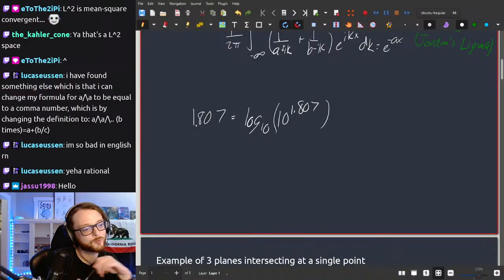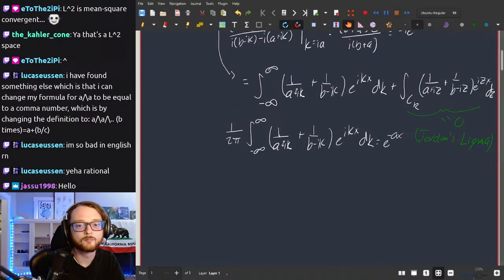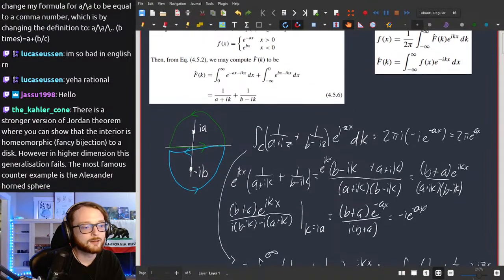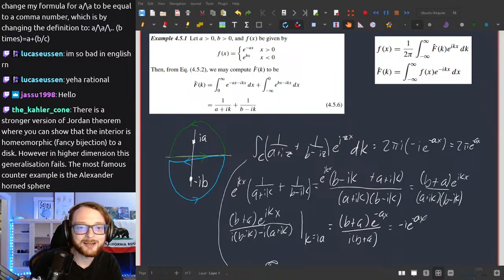Hey Jasu, hope you're doing well. A stronger version of Jordan theorem where you can show the interior is homeomorphic, fancy bijection, to a disk. Huh. However, in higher dimension, this generalization fails. The Alexander horned sphere? I gotta look that up.